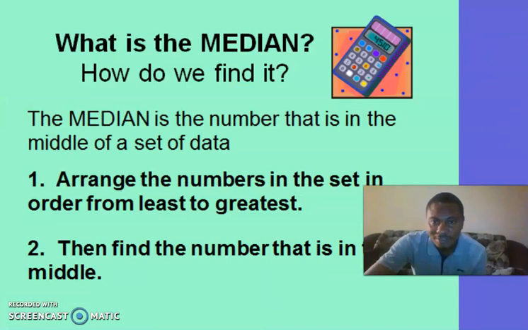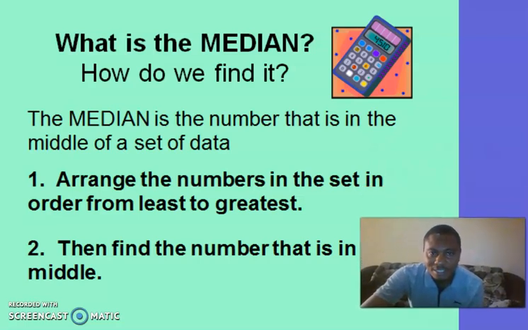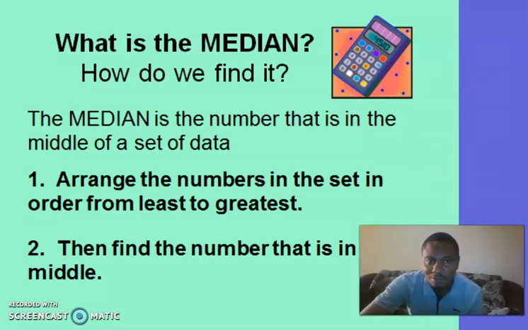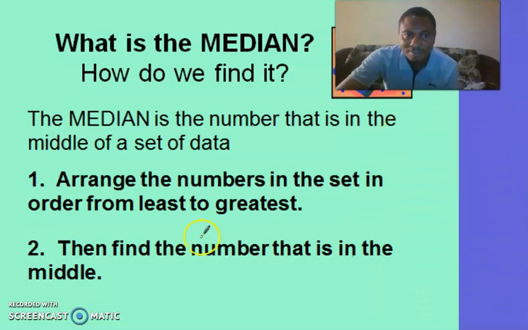What is the median? And how do we find it? The median is the number that is in the middle of a set of data. We arrange the numbers in ascending order from least to greatest. Then we find the number that is in the middle.